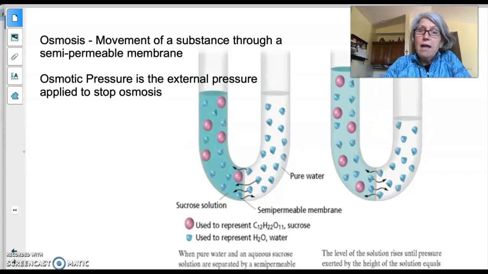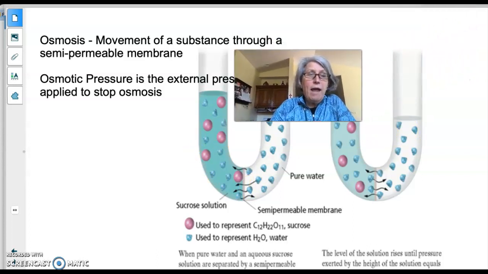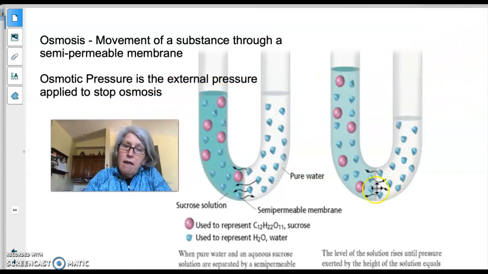So over time, this is actually what happens: the water molecules are going to be attracted to the solute, and you're going to get uneven levels of pure water here versus solution in the U-tube, compared to what you had here. And that's all because of this water movement through this semi-permeable membrane.